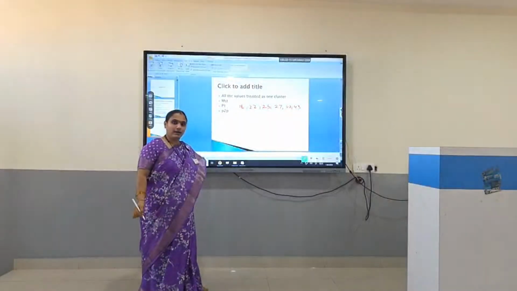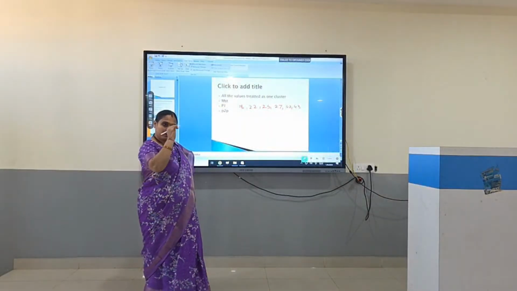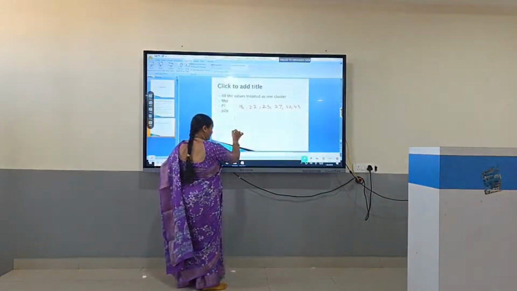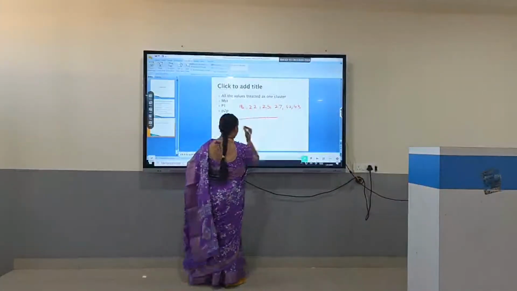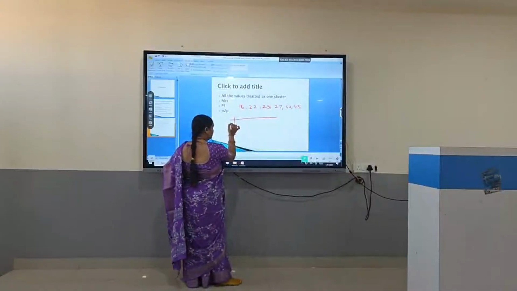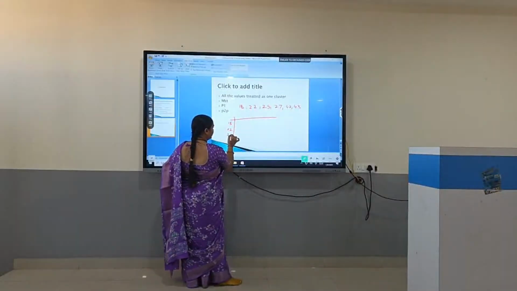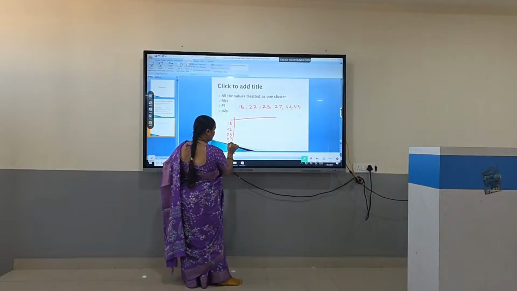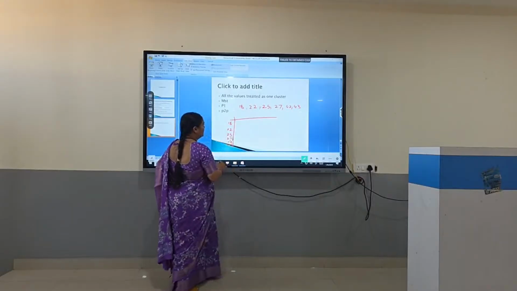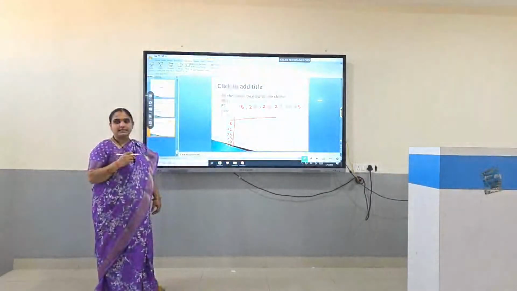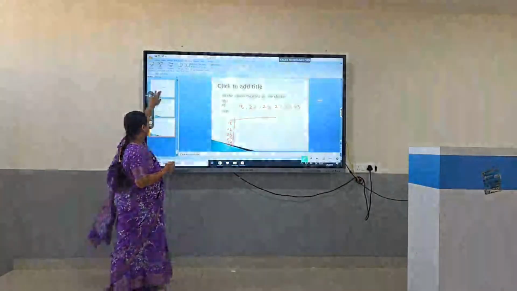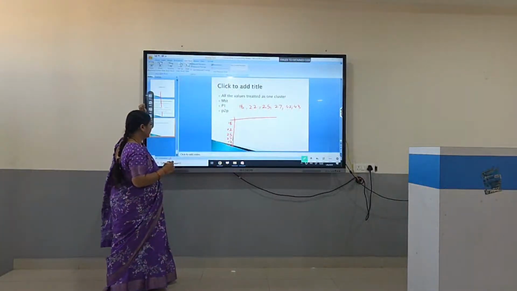Now you can design your table matrix for the minimum spanning tree. So here 18, 22, 25, 27, 42, 43. For this, you need to find out the distance matrix. We have seen this already previously.